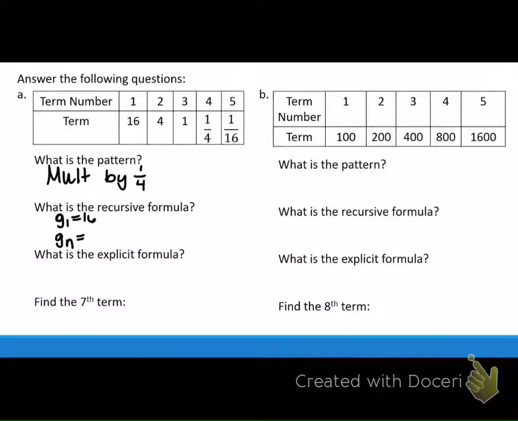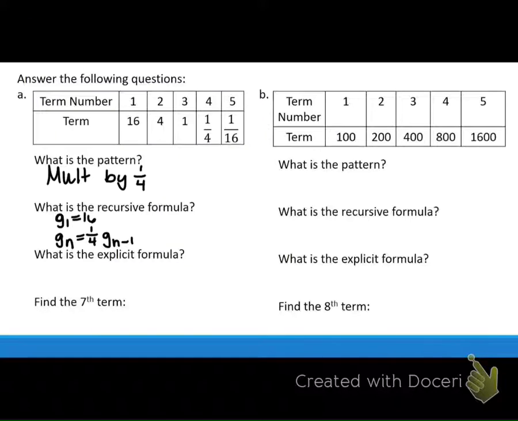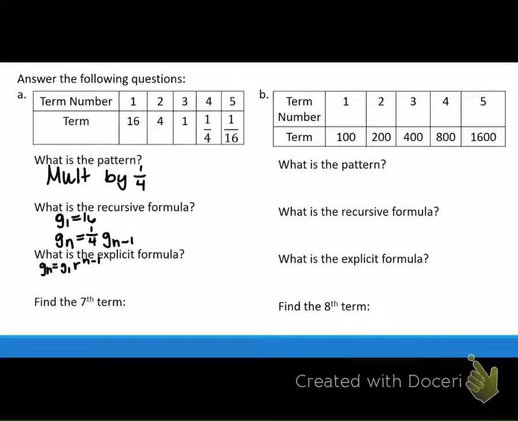G of n equals 1/4 times G of n minus 1. Good. And Mike, what is my explicit form? You only replace these two pieces.